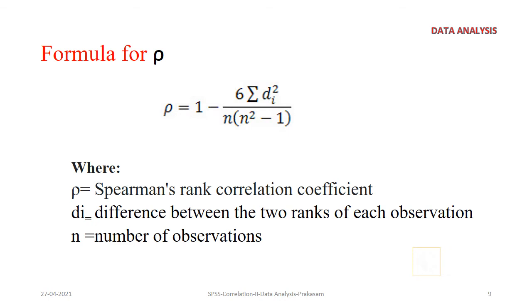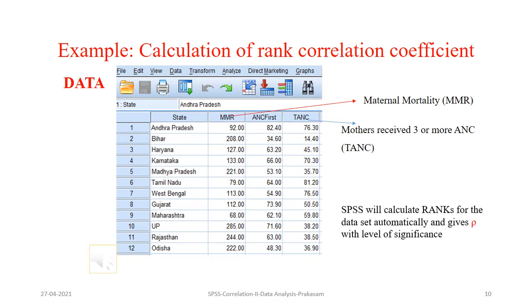That is, if there are x and y, then xi, yi have been given ranks, and the difference x1 minus y1 equals d1. Like that, it is the difference between the two rank observations that is taken into consideration, and n is the number of observations, that is the number of pairs taken.